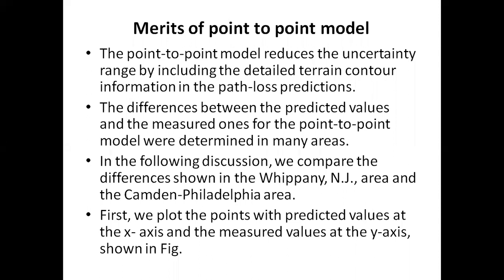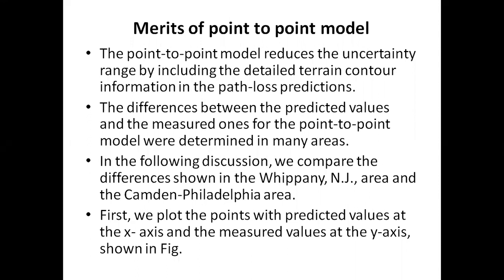The point-to-point model reduces the uncertainty range by including detailed terrain contour information in the path loss predictions. So by the use of the point-to-point model, there is a reduction of uncertainty, and by this model we can get detailed information on the terrain contour as well as path loss information.